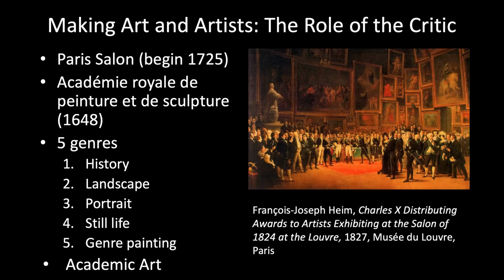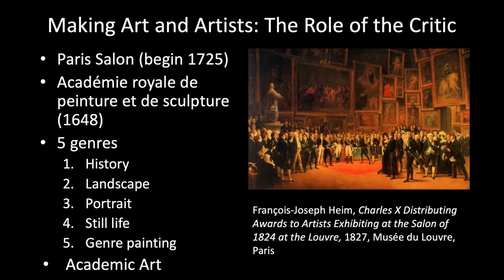So number 5, the least important genre according to the Academy, was genre painting. And genre painting just means paintings of real life. That's it. It's just either regular people or rich people just doing their thing. So genre painting is considered to be the least important.